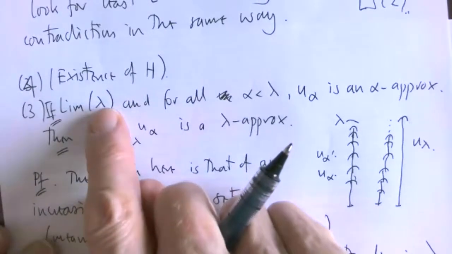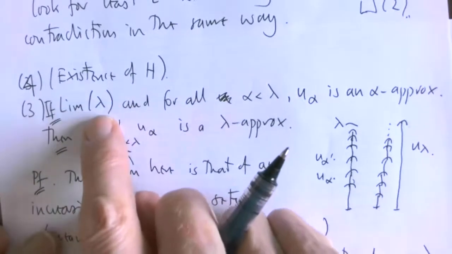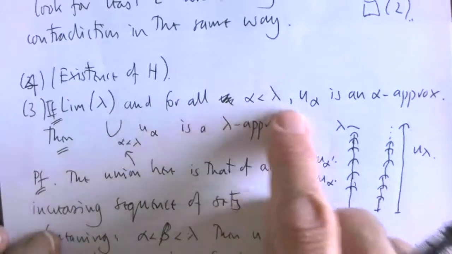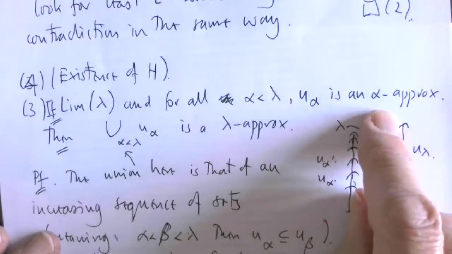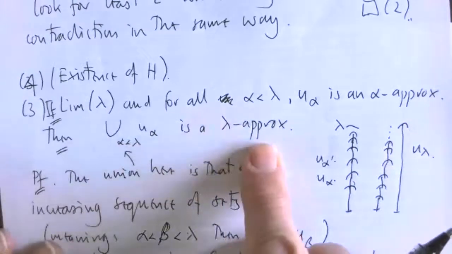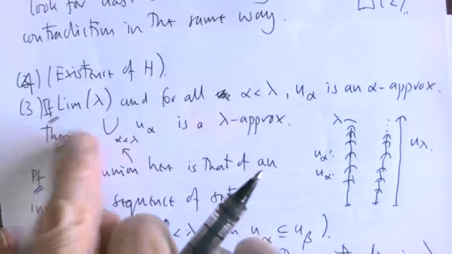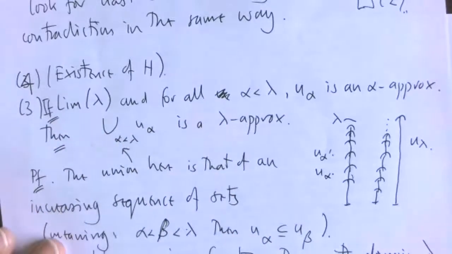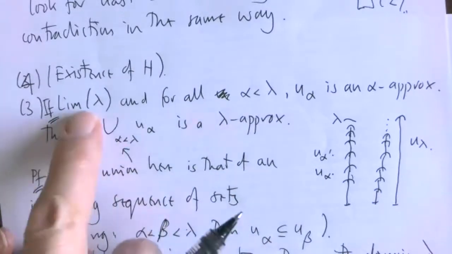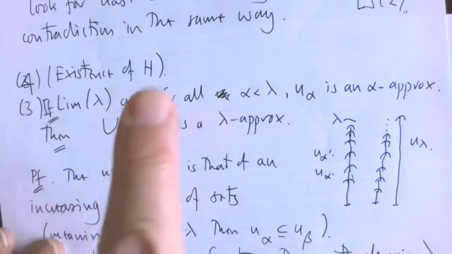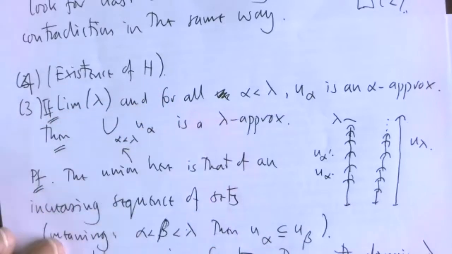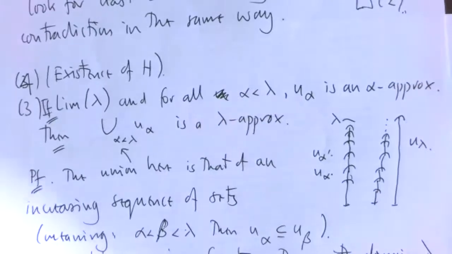If zeta was a limit like this, it would mean for all things smaller than zeta, we'd have these smaller approximations that I could put together to form a zeta approximation. So 3 has already established for us, and that's why we did this a little bit early, that if this is a limit, there is going to be zeta approximations.